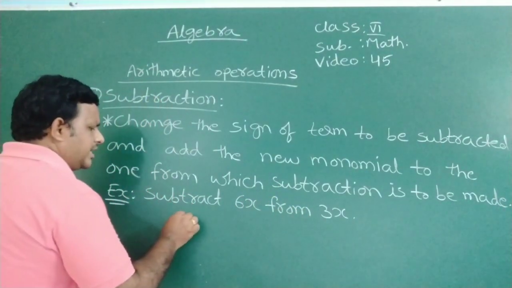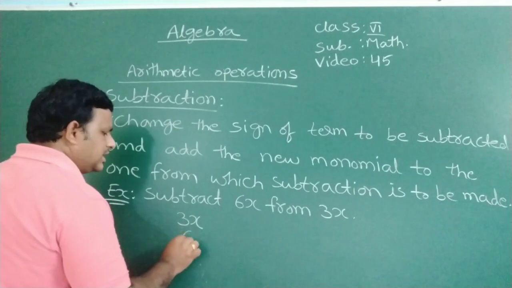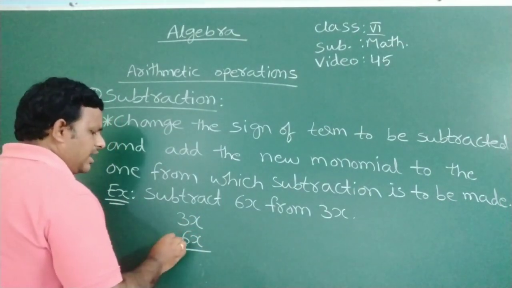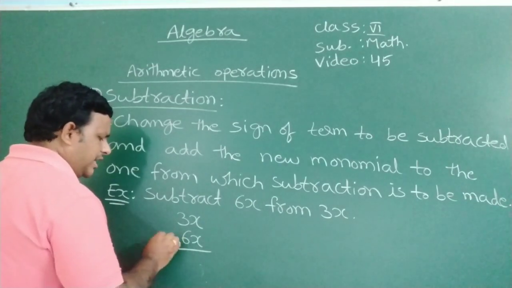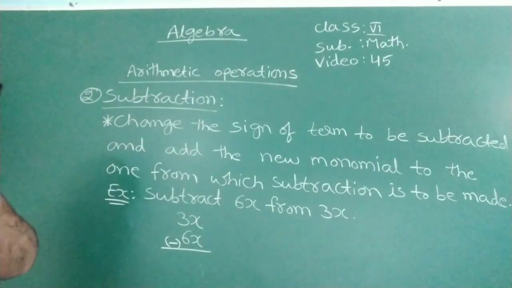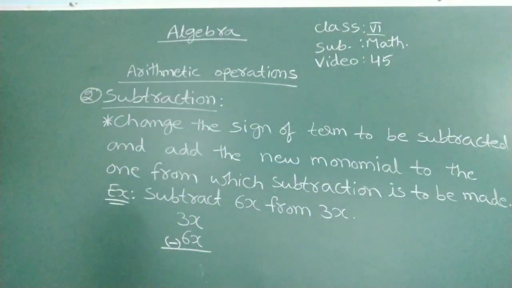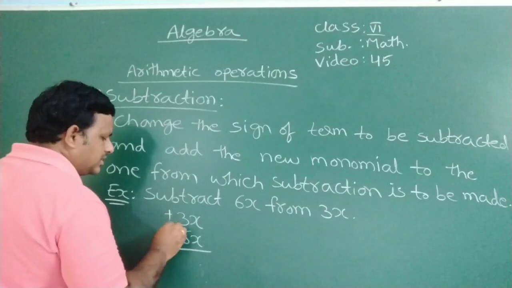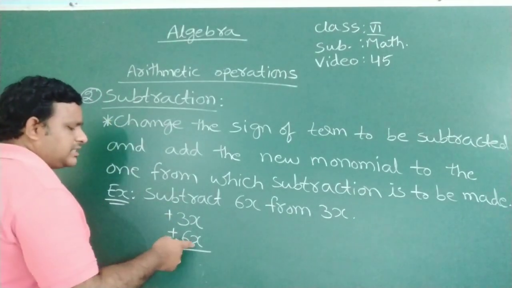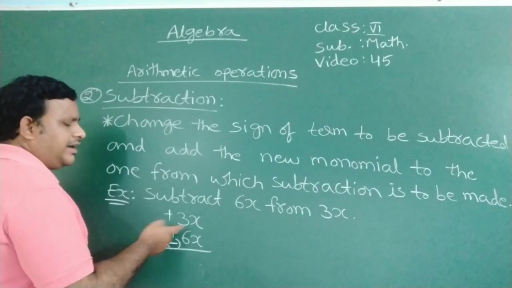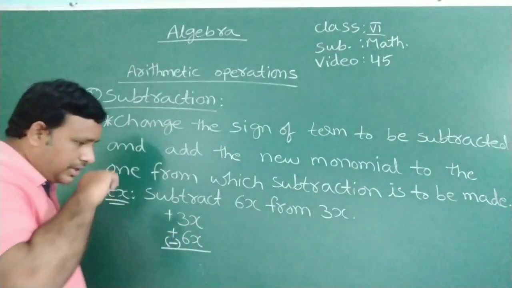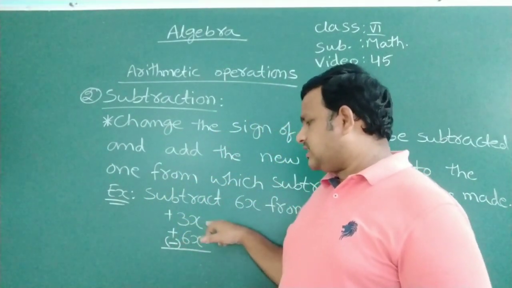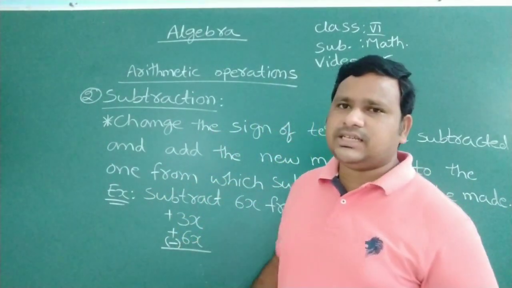So from 3x we are subtracting 6x. Actually 6x is positive. I am changing that into minus. Now this minus 6 we have to consider. Actually it is given as plus, 3 is plus, 6 is plus. This plus 6 we are changing to minus 6 and adding. Right? So in the addition of these two like terms, here plus 3x is there, now this is minus 6x.